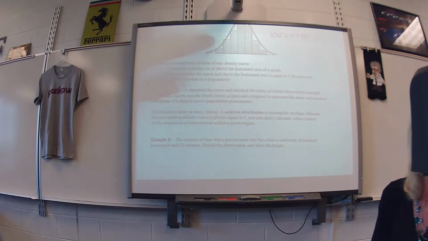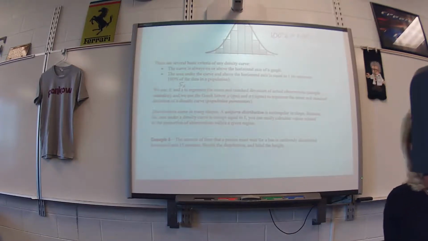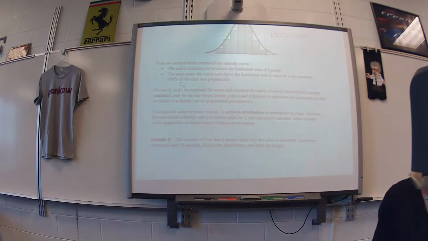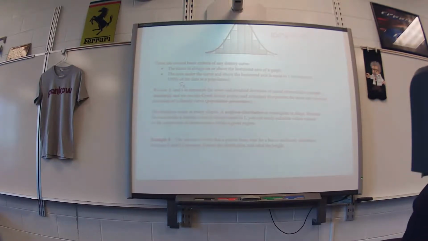What I'm going to do in this last example is show you an easier one, because distributions come in many shapes. If you go back and look at chapter 1, one of the notes I showed you had about 6 different pictures. We had the skewed right, the skewed left, the bell shape, random, and uniform.